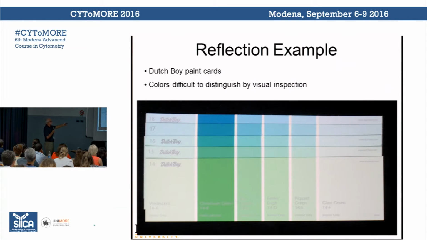So here's the colour chart. Now, here's a quiz. And the quiz is, how difficult is it to tell the difference between some of these? And can you tell the difference? Well, it depends. If you have two slightly different colours and you put them right next to one another, you may be able to tell the difference.